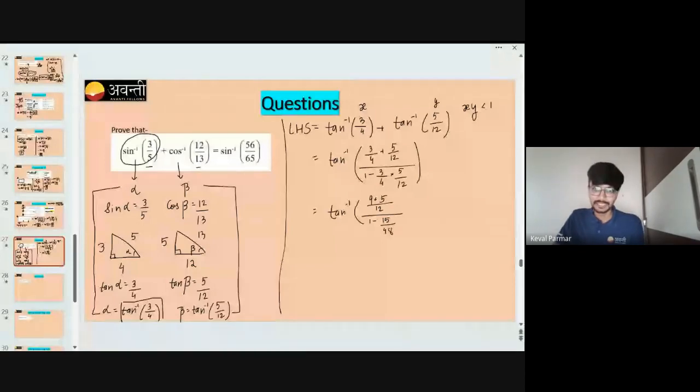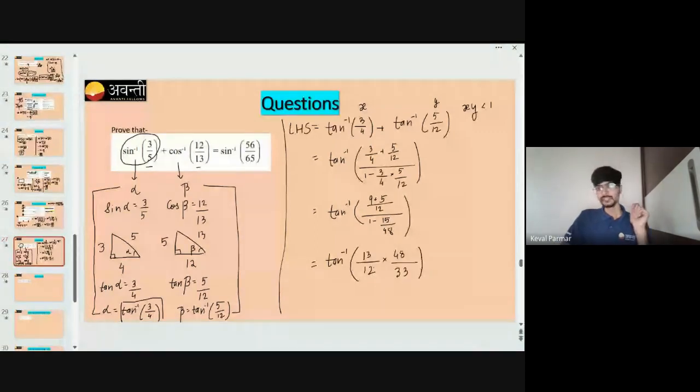So now if we take the LCM, we will get tan inverse of 13 by 12. And our denominator will get reciprocal, meaning we get 3. This is very simple. 12 ones are 12, 4 are. So I get tan. I didn't make a mistake, right?